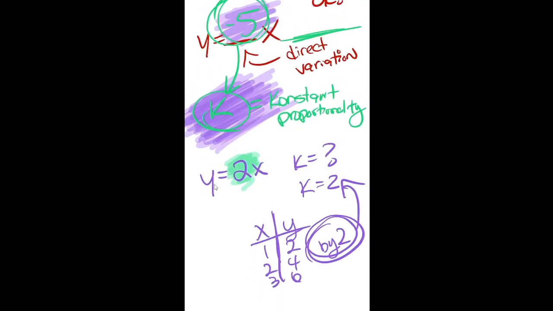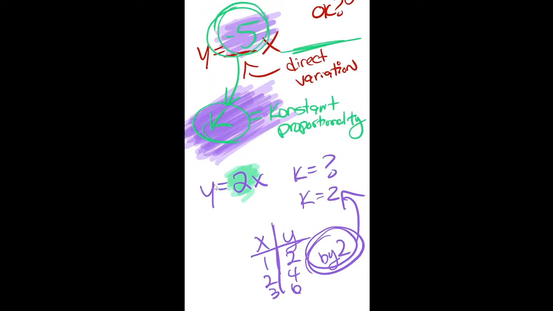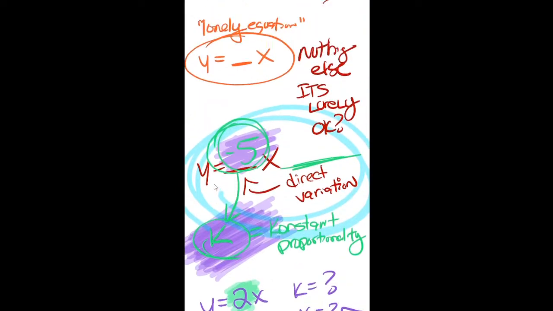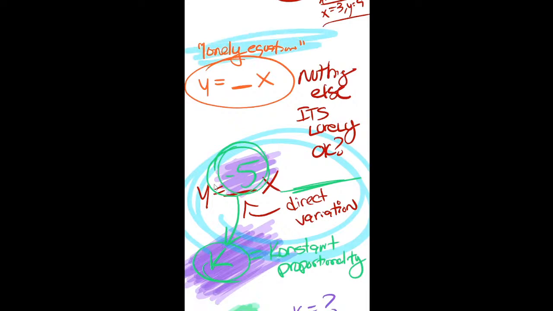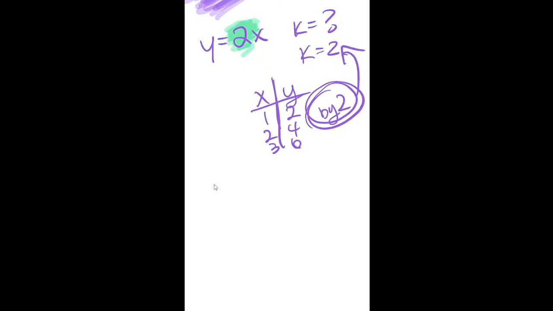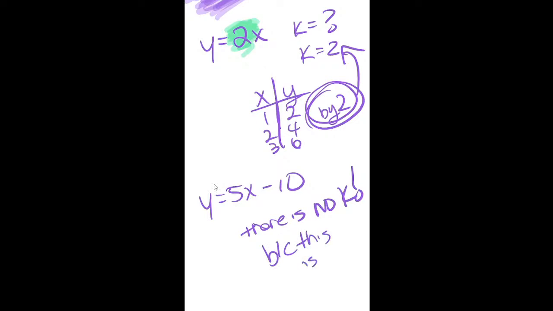Remember that when you do this k thing, you should only be applying it when it's a direct variation. And we have a direct variation anytime the equation is lonely, as in there's nothing else on the side. So if I gave you something like y equals 5x minus 10, there is no k, because this is not direct.